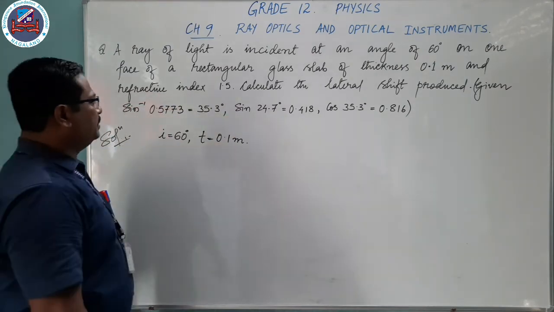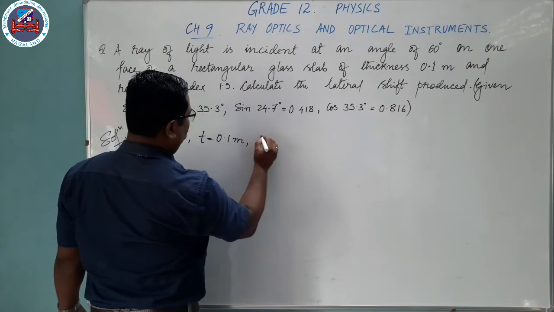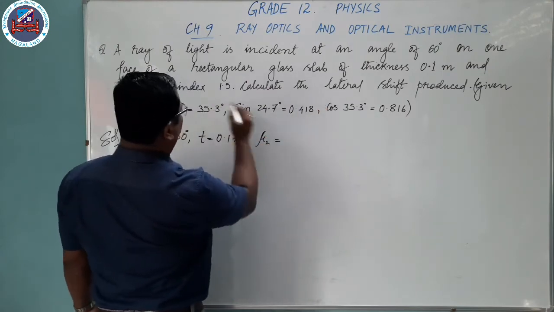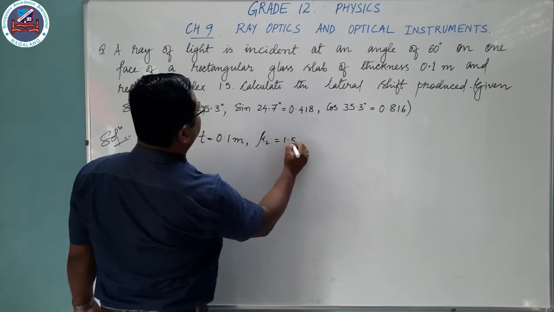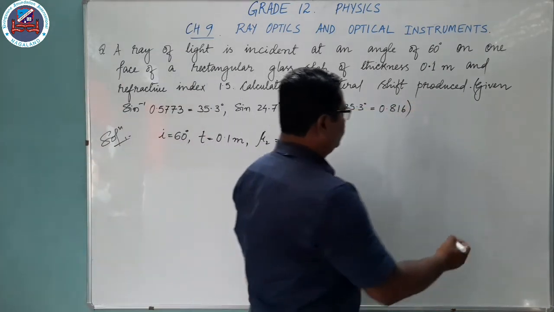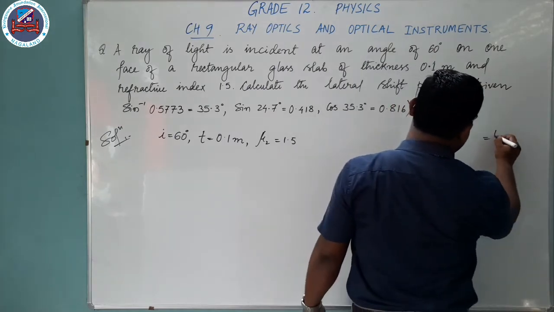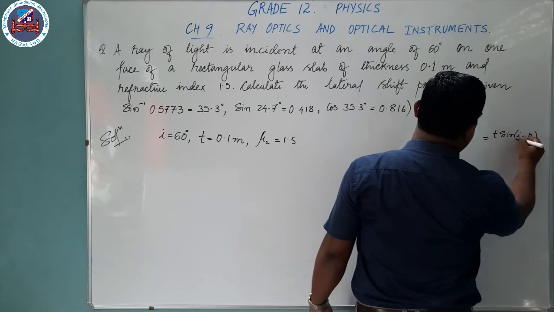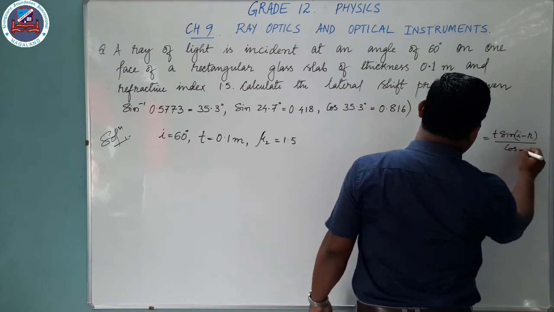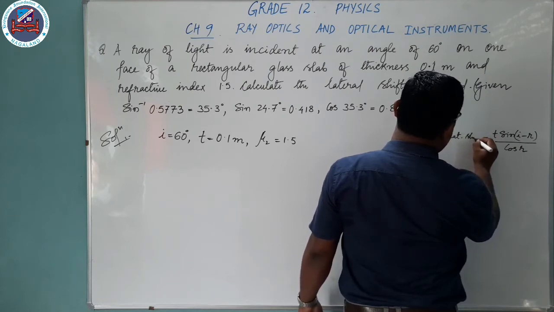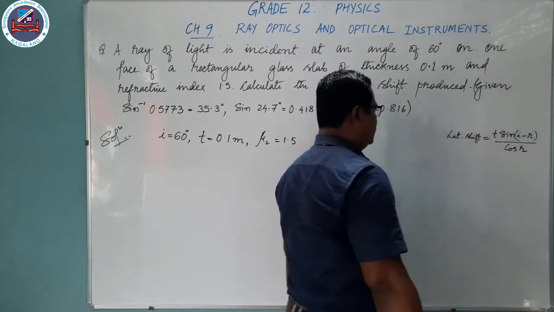That means the refractive index of the glass slab, your mu2, is 1.5. Calculate the lateral shift produced. You know the formula for lateral shift: thickness times sin(I minus R) divided by cos R. This is the formula of lateral shift or lateral displacement.